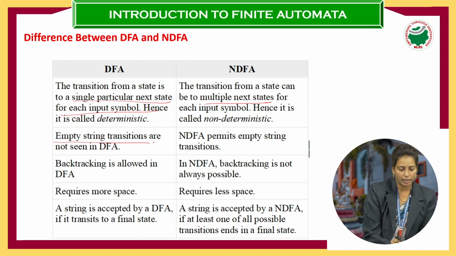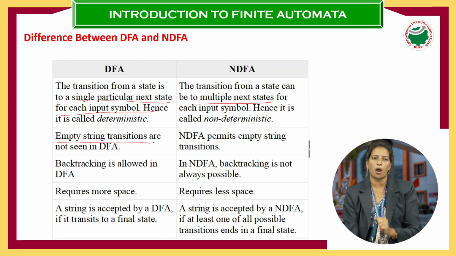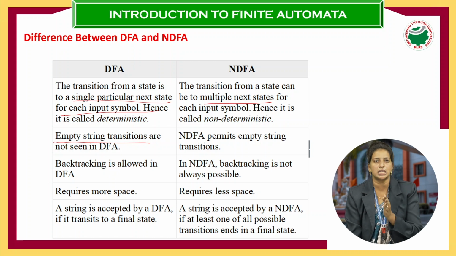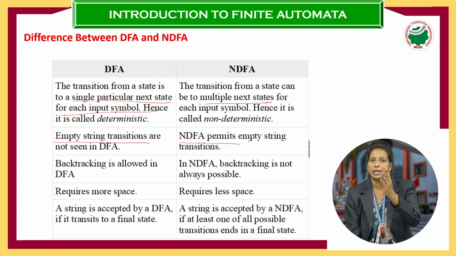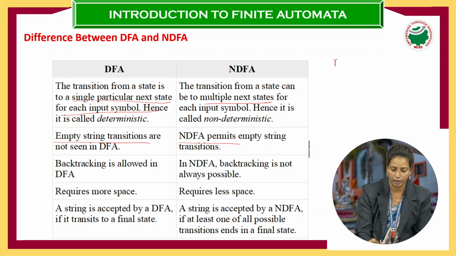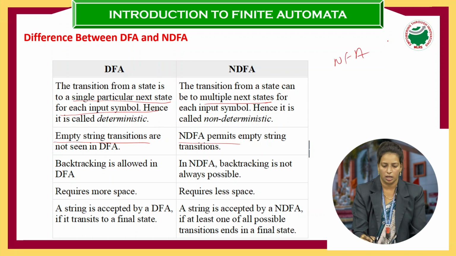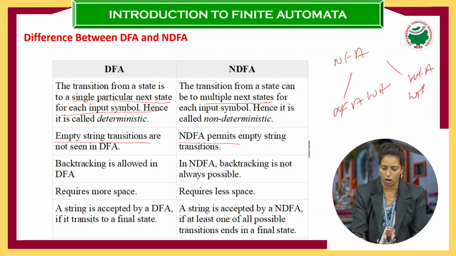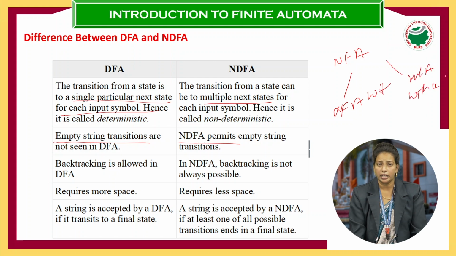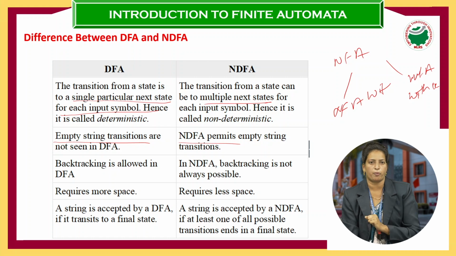In DFA, it does not allow epsilon transition. That means empty strings. It does not allow epsilon transition. But in NDFA, it allows epsilon transitions. NFA contains how many types? NFA with epsilon, NFA without epsilon, right? So in NDFA, it allows epsilon productions.